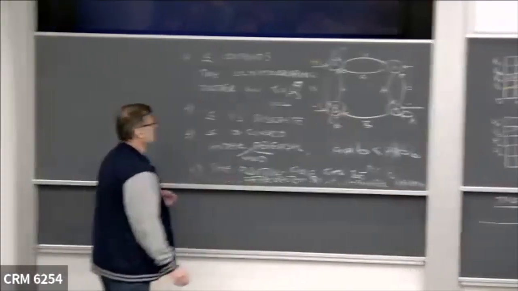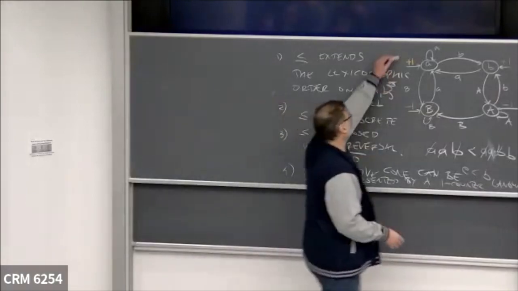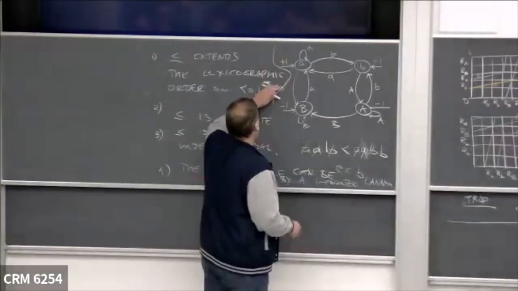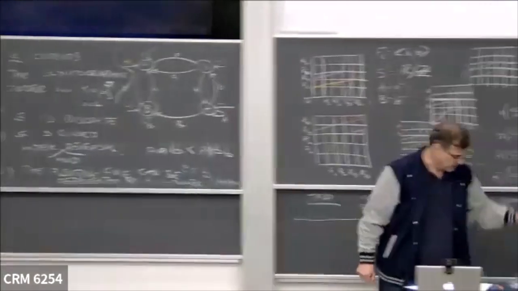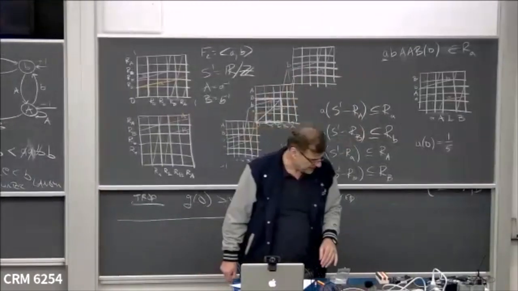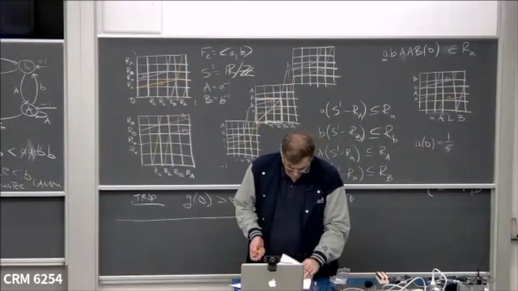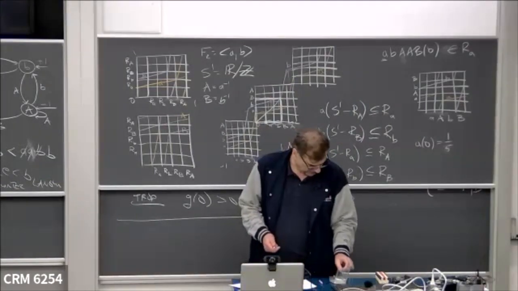You don't need to know much about languages or anything. Here's the picture in which I actually represented precisely the positive cone of the free group with respect to this order, except I didn't finish the picture, but we'll finish it right now.